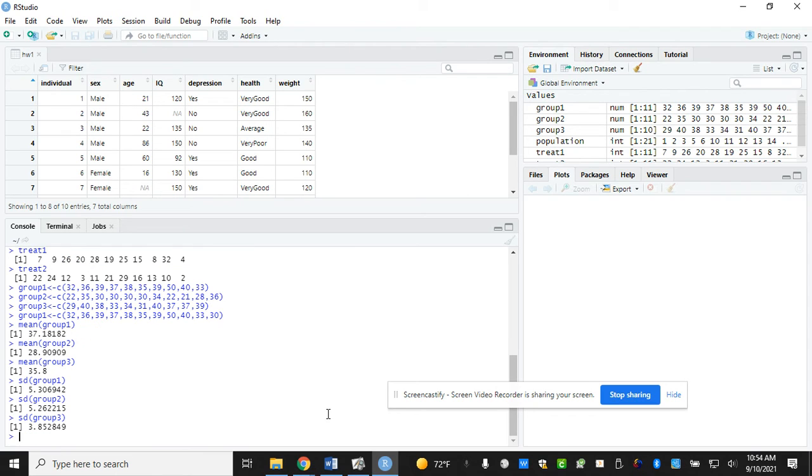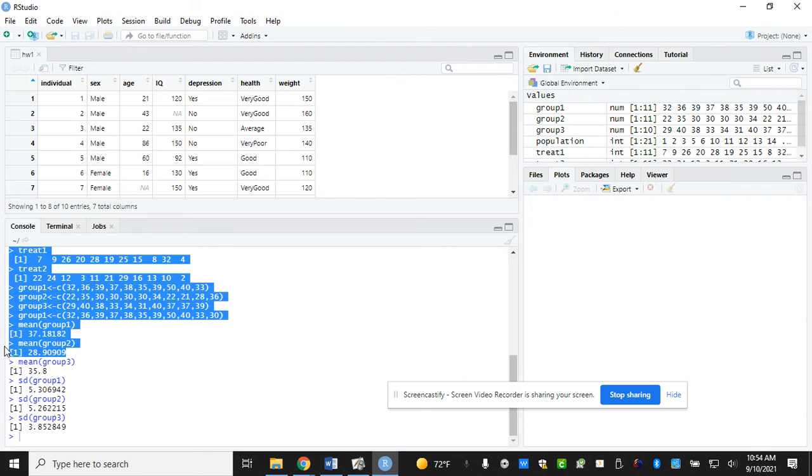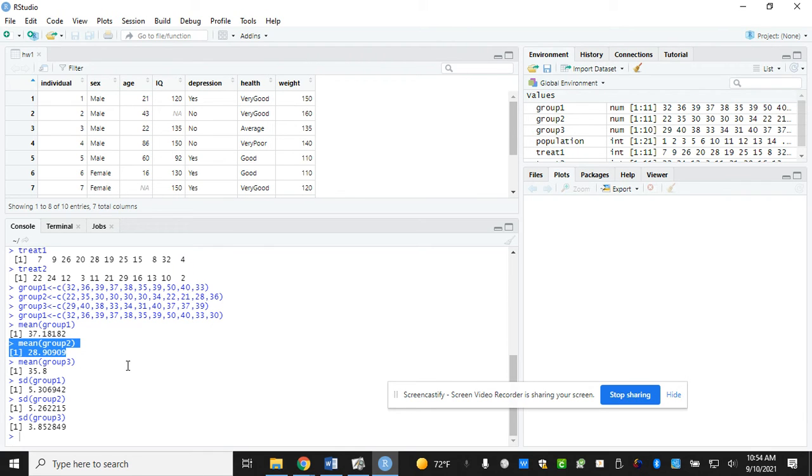The standard deviations were 5.3, 5.2, and 3.8. That's interesting. So I could graph these, but we don't need to get into that much detail. So definitely the mean of group 2 looks to be a lot lower than the other two.